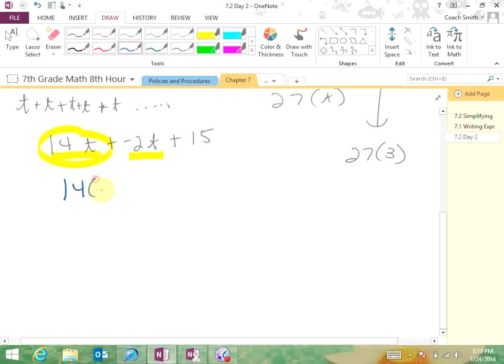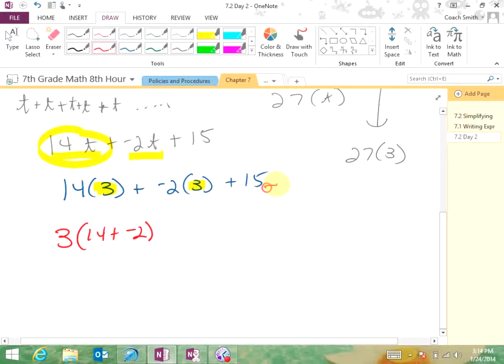That is like 14 times 3 plus negative 2 times 3 plus 15. So if I had this, because we learned the distributive property in Chapter 6, the distributive property says I can take this common 3 with those two and put it outside the parentheses, and on the inside of the parentheses have that. You remember that?